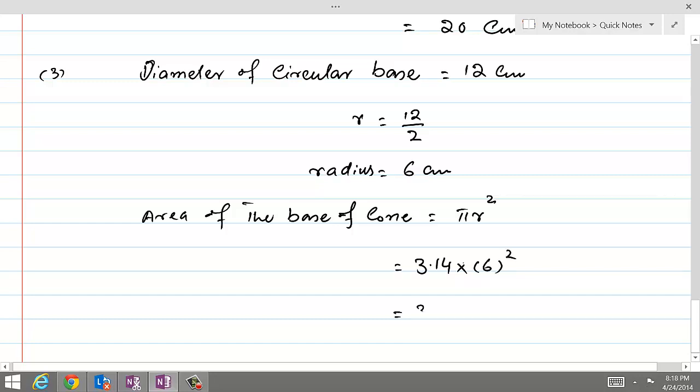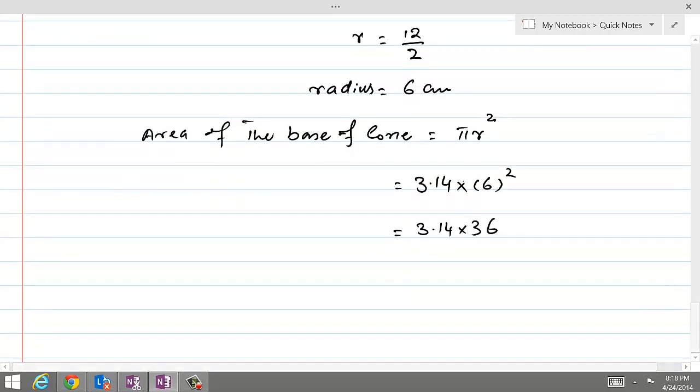This is equal to 3.14 times 36, and the answer would be equal to 113.04. So this is area, therefore it must be in square centimeters.